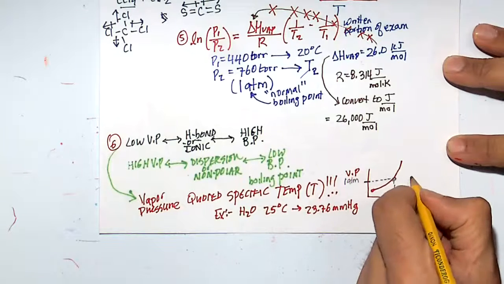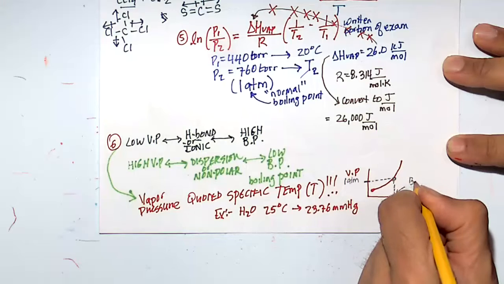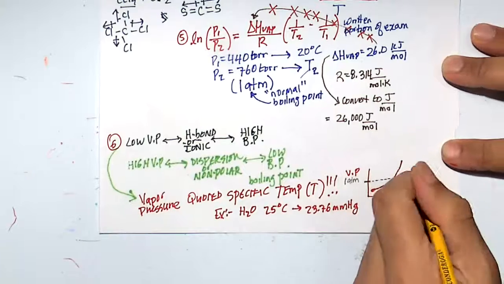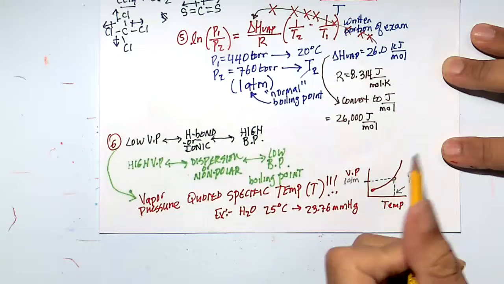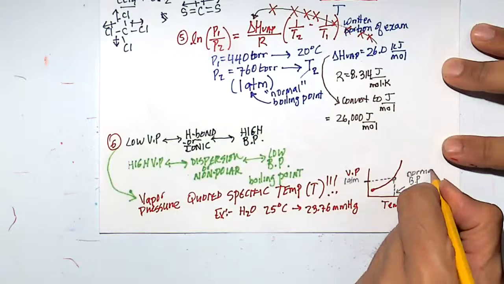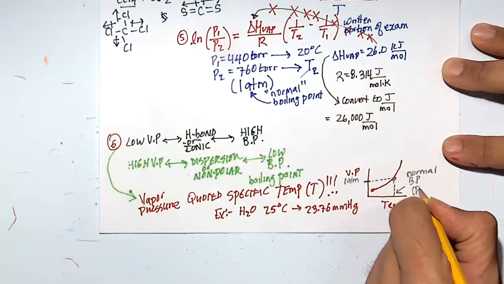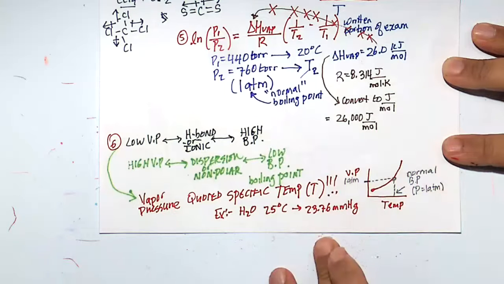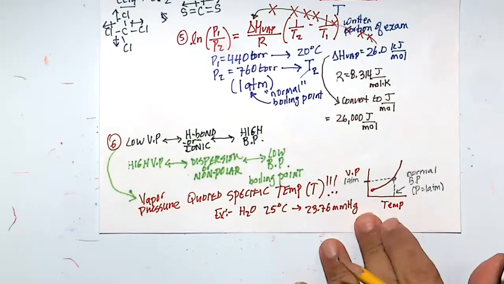The temperature is the boiling point, and it's also the normal boiling point. P is equal to 1 atmosphere.